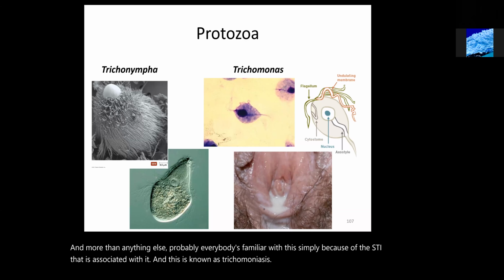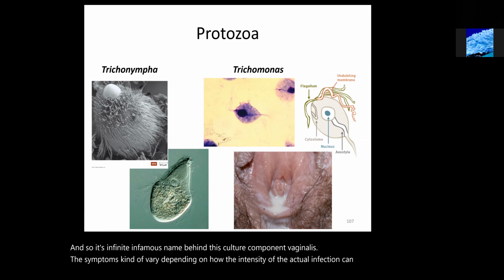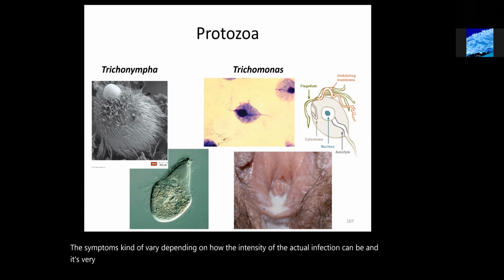So it's a very, very commonly sexually transmitted infection or disease, if you will. And so its infamous name is Trichomonas vaginalis. The symptoms vary depending on the intensity of the actual infection, and it's very, very easily transmitted.